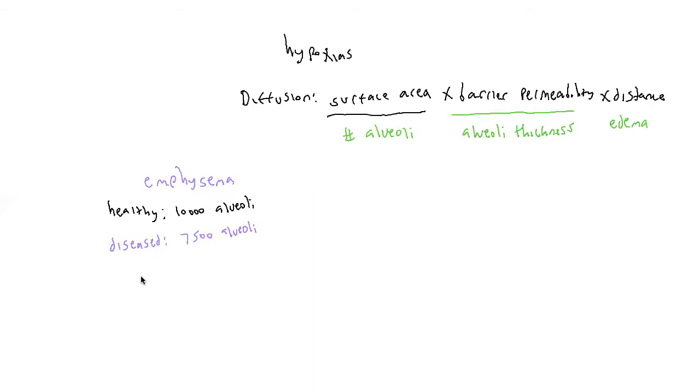The other is to give supplemental oxygen. If you enrich the environment with oxygen, it's going to increase the partial pressure gradient, meaning more oxygen will diffuse into the alveoli, maximizing the alveoli that you do have. Next is going to be fibrotic lung disease.